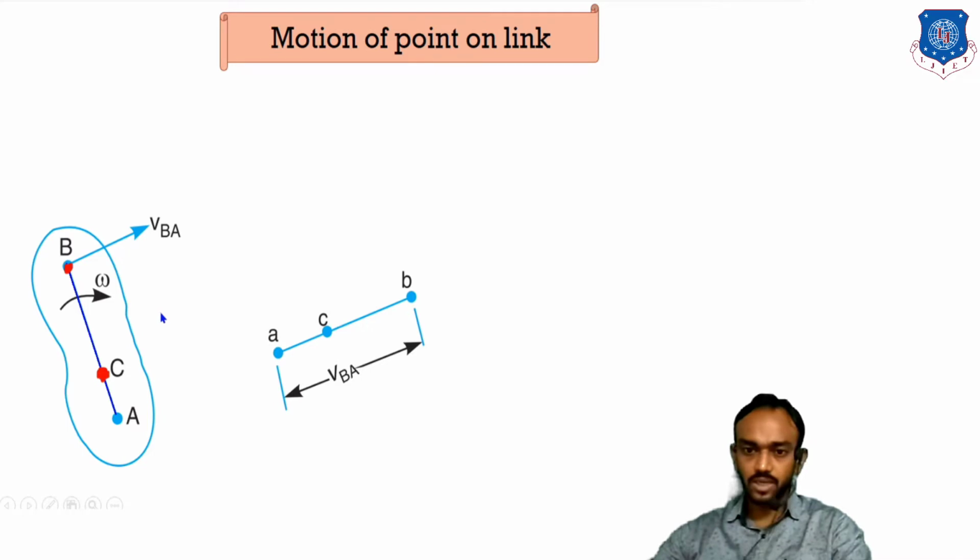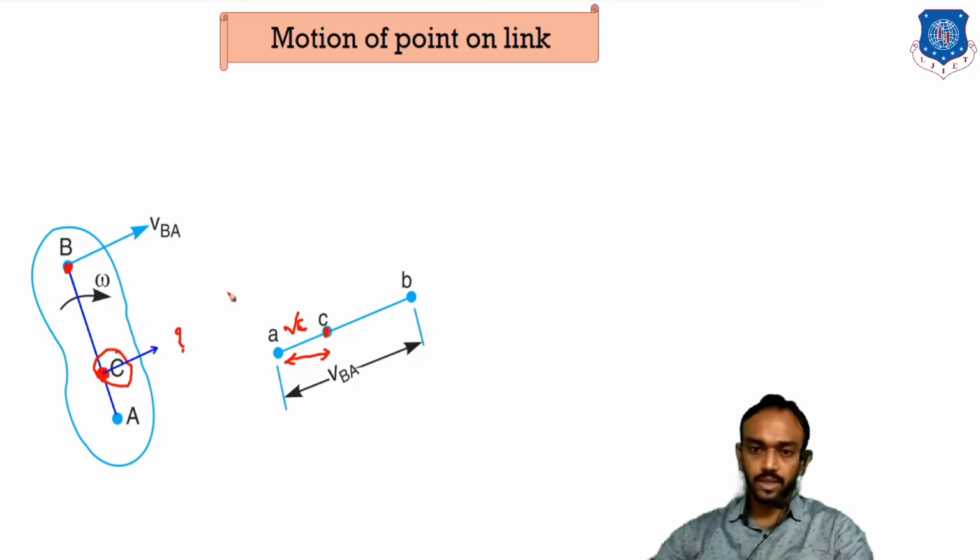In the velocity diagram, I want to find the velocity of C. The direction will be the same here, but the magnitude I don't know. So in this particular case, I'm giving you one example for velocity of C. You want to find point C, and if you measure this distance, you will know the velocity of C.